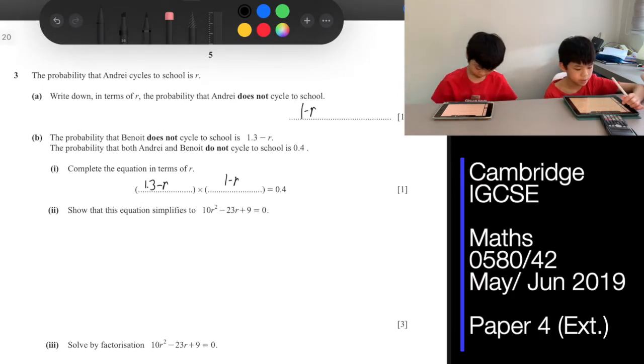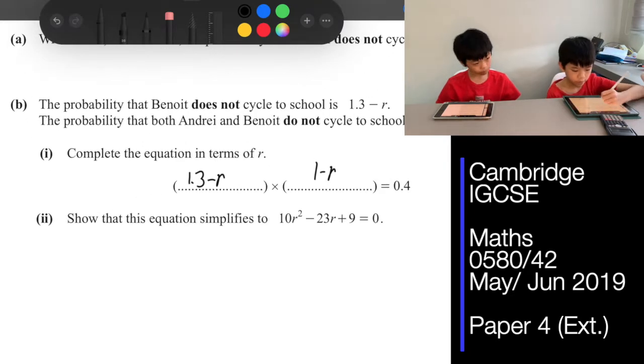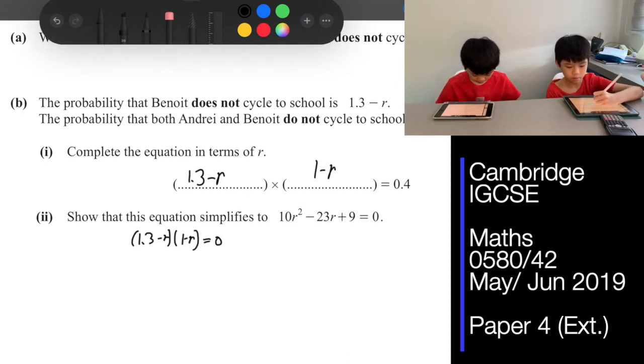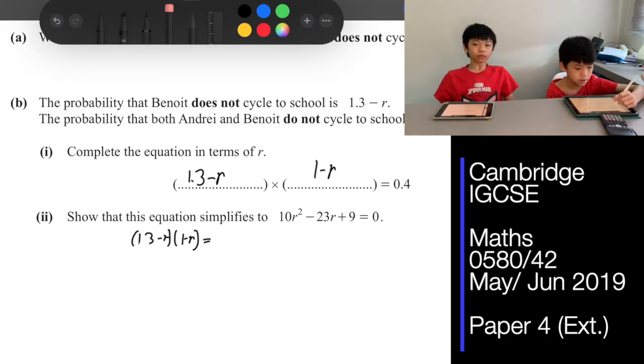Next question, we need to show that this equation simplifies to 10r squared minus 23r plus 9 equals 0. So first we get 1.3 minus r times 1 minus r equals 0.4. And then we multiply it by 10, so we can eliminate the decimal.